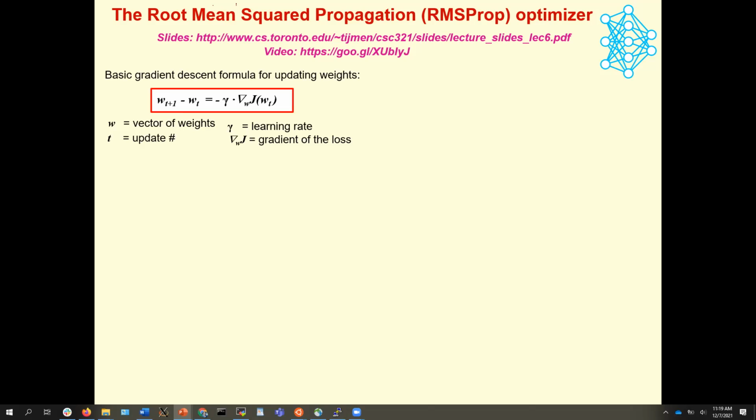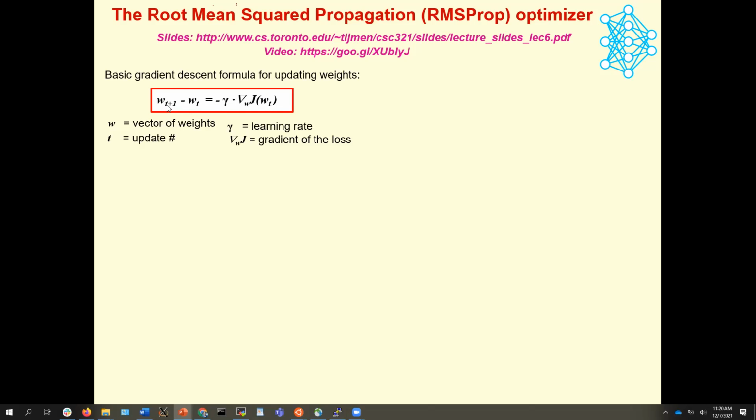We will start from the basic gradient descent formula, which I discussed in the previous classes. Here, it's a formula for updating weights during one step, one iteration of update.